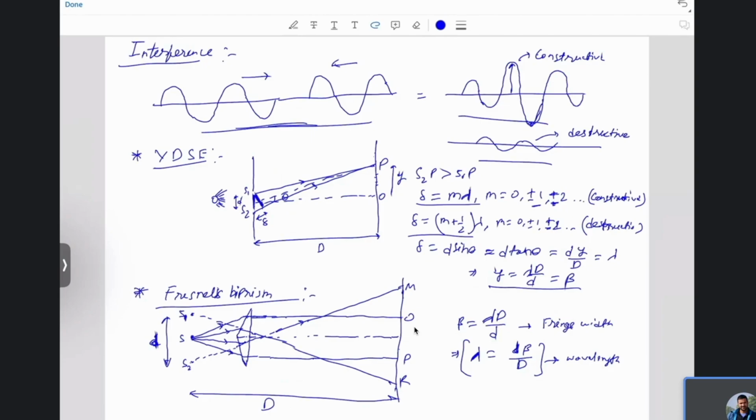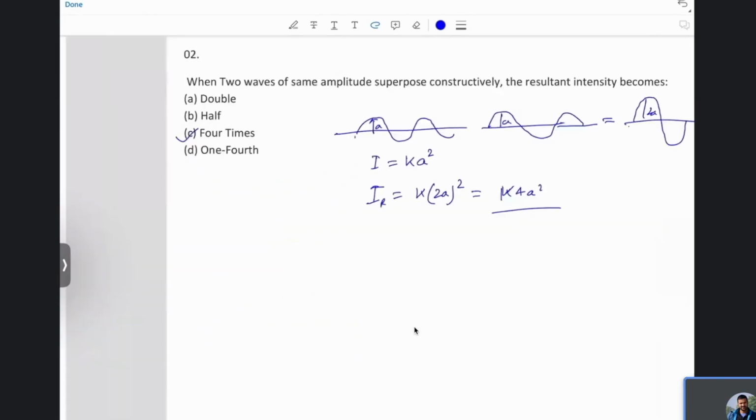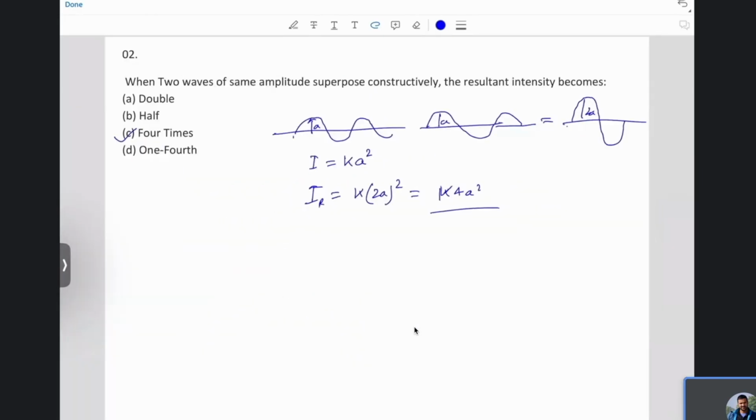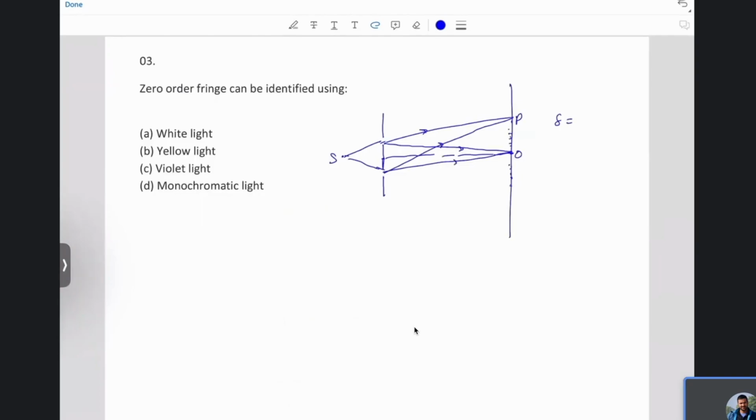So for different wavelengths of light, the positions for constructive and destructive interference will be different, and hence at all the other places you will get a mixture of different colors. So only the center zero order fringe will be white.